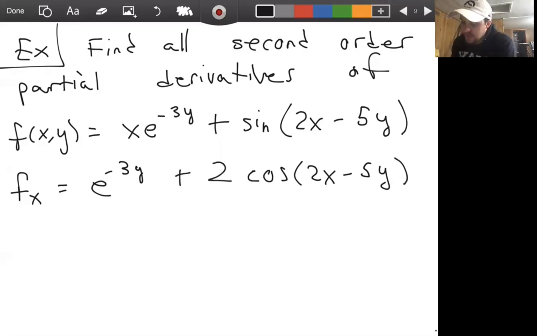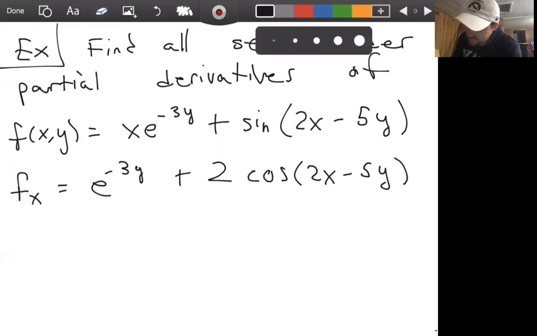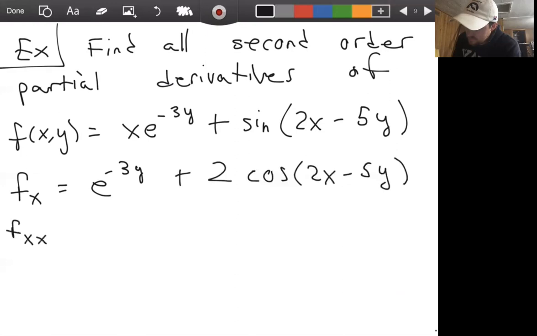Okay, and now that we found f sub x, we can find f sub xx. Let's start with that one, which is the derivative of f sub x with respect to x. Well, e to the negative 3y is constant with respect to x, so that term vanishes.